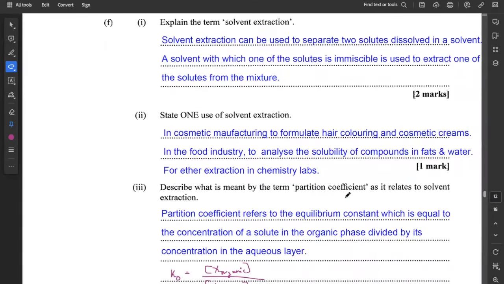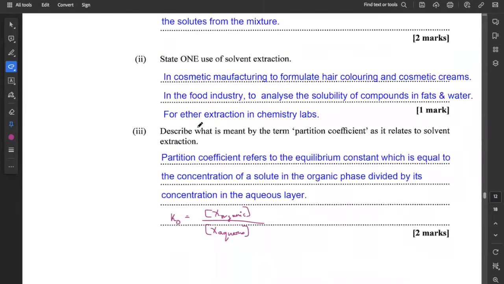So then for part 3, it's saying describe what is meant by the term partition coefficient as it relates to solvent extraction, right? So partition coefficient refers to the equilibrium constant, which is equal to the concentration of a solute in the organic phase divided by its concentration in the aqueous layer.